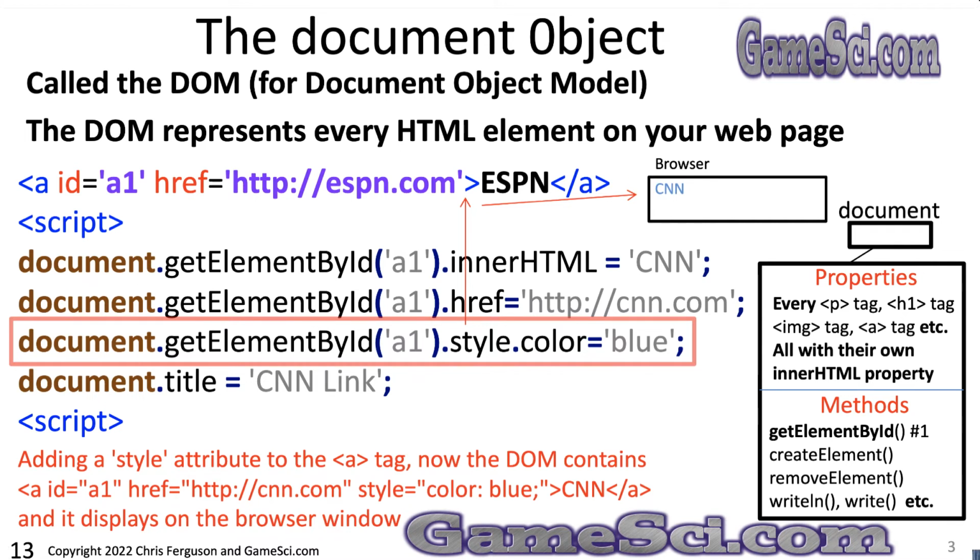What I'm doing here is I'm adding a style attribute to the A tag. Now the DOM contains A, ID equals A1, href equals CNN.com, style equals color blue, and the label is CNN. This was the original tag as it appeared on the web page.